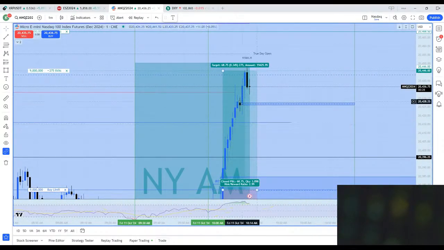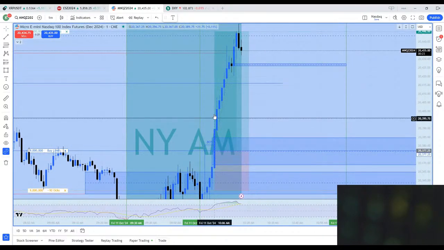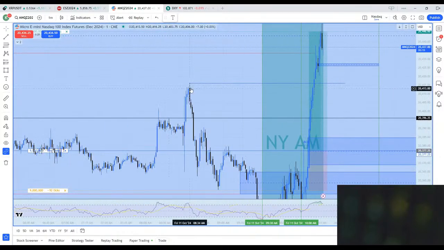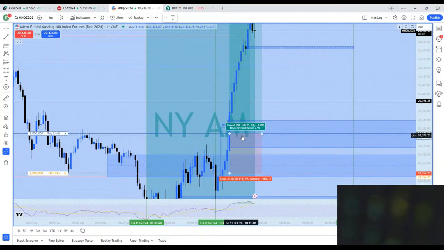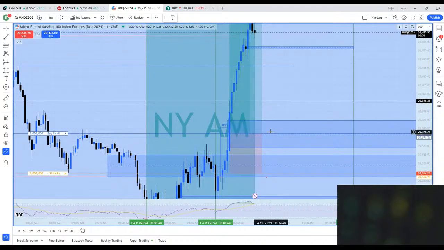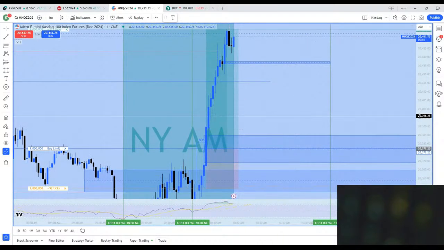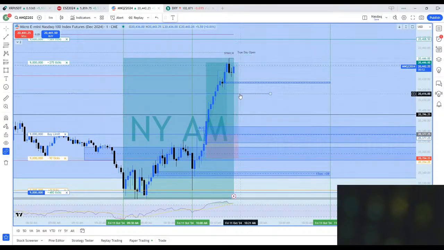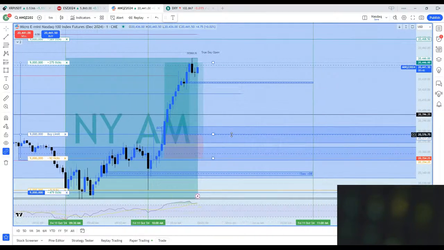If it blows past this order block right here, this right here would be the target. There's hardly any inefficiencies up in here except for one little one here, which is the one that took out this high. So that's the potential spot it could tap and run up, but I wouldn't take that as an entry. Getting in here, knowing that it can possibly come down here, that'd be way too much risk. So if it came and tapped this and took off, I wouldn't be upset that I missed that trade. It is what it is.